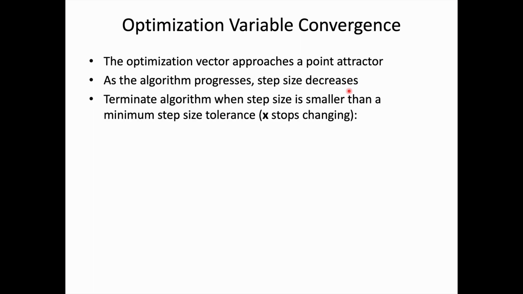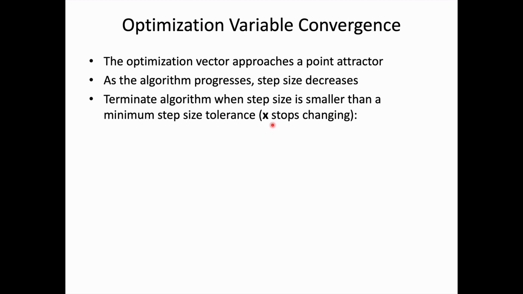The basic idea is to stop the algorithm when the step size is smaller than some tolerance. Or in other words, we are observing that the value of x stops changing within some small tolerance. We have to have a tolerance. We're not going to reach the limit value exactly, because this is an approximate numerical algorithm.